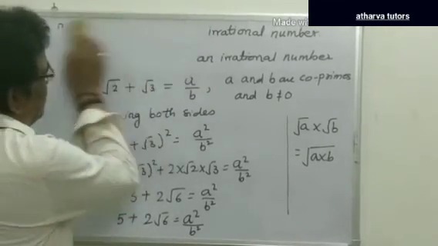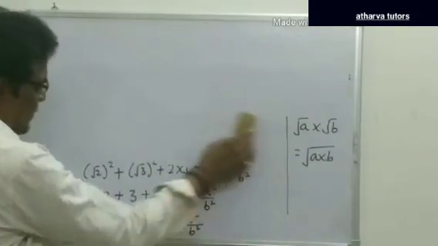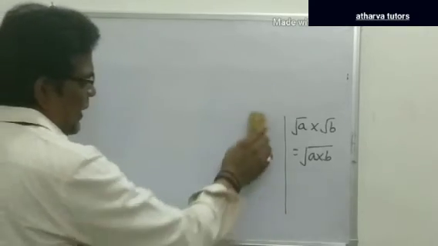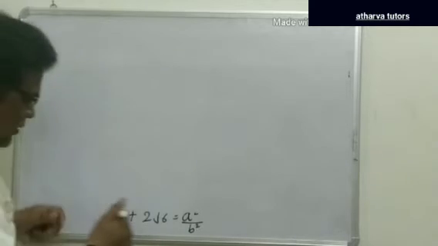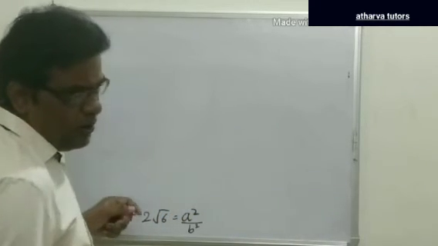Now here you see that we have got 5 plus 2 root 6 equals a square upon b square.